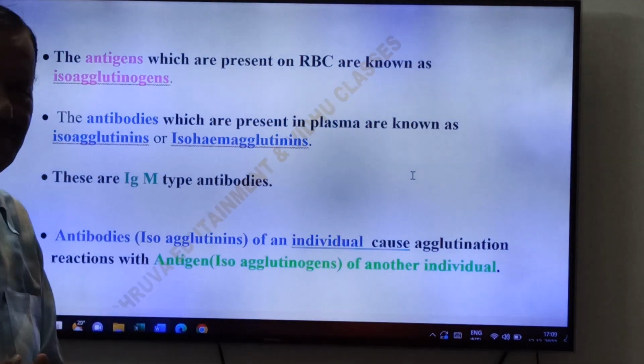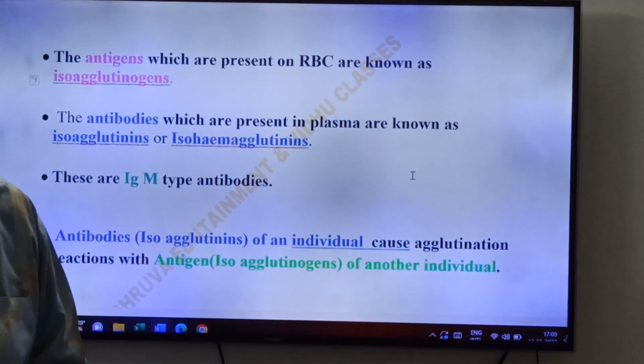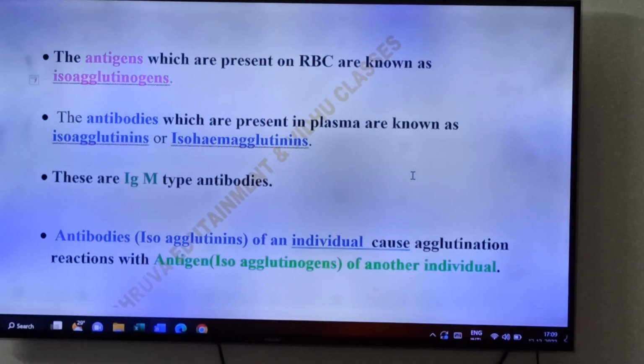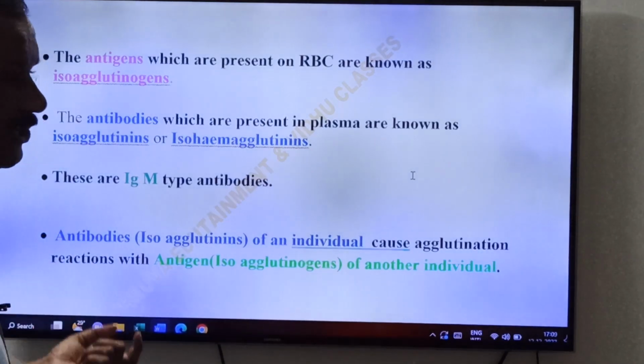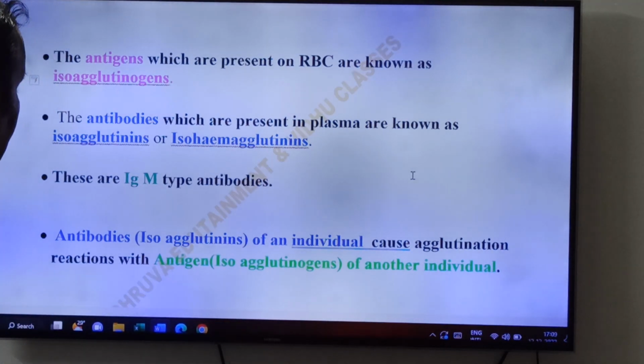Very important. One more MSET bit, friends: these antibodies are IgM antibodies. The antibodies of the ABO blood groups are IgM type antibodies.